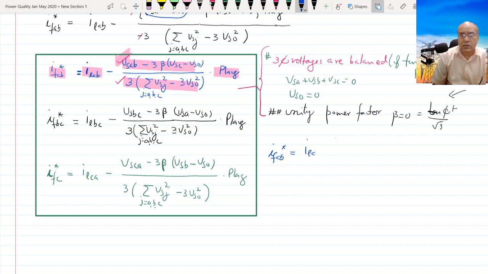ILAB minus, now this is 0, beta is 0, and this is 0.